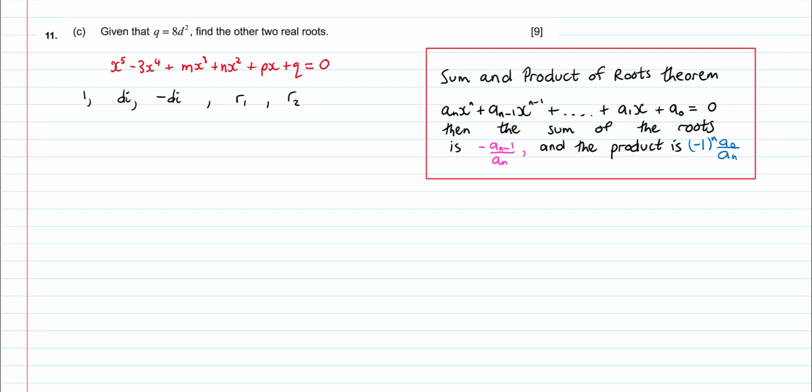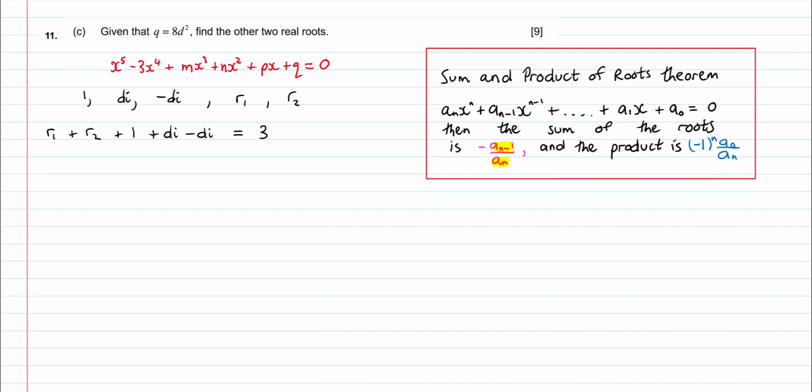So the sum of the roots then, that's going to be R1 plus R2. So these are the real roots that we want to find out. Plus 1 plus di minus di. And that is going to be equal to 3, because for our sum of the roots, it's going to be negative a sub n minus 1 over a sub n, which we worked out before, is equal to 3.